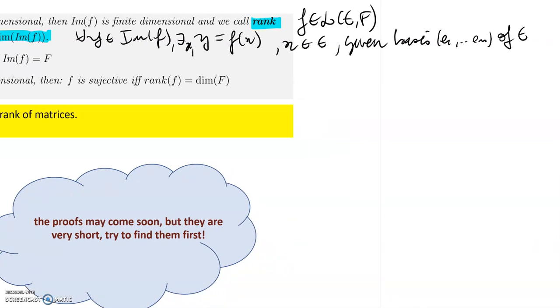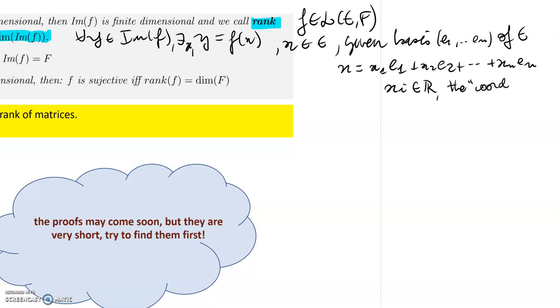We have that x can be written as x1 e1 plus x2 e2 plus xn en, where all the xi belong to R, and the ei are the basis vectors. So that's the unique linear combination that gives you x in basis e1 up to en. The xi are the coordinates of x. Anything that is in a finite dimensional space, you can really imagine that you're working in Rn.